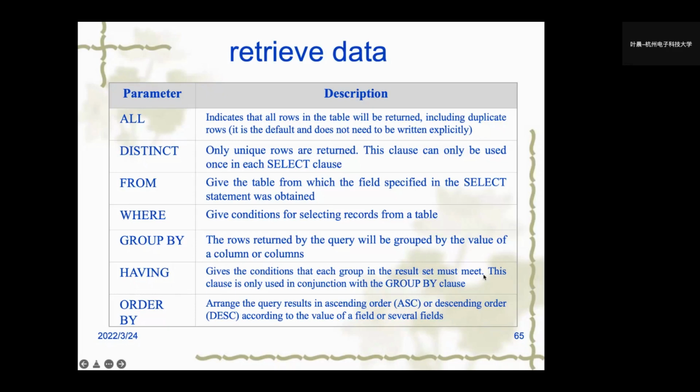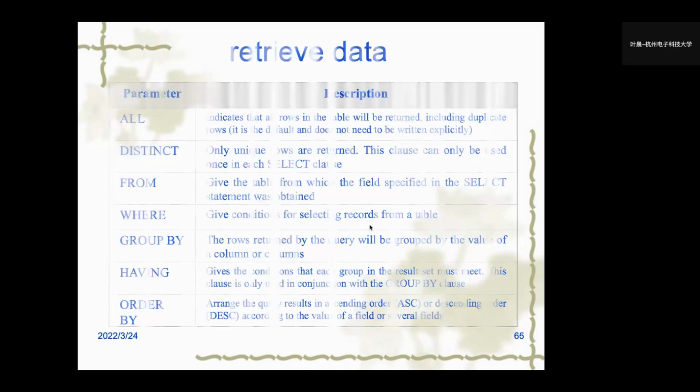This clause is only used in conjunction with the group by clause. And the last one is order by, and it arranges the query results in ascending order, which we call ASC, or descending order, DESC, according to the value of a field or several fields. So let's learn how to use these parameters in a select SQL statement.